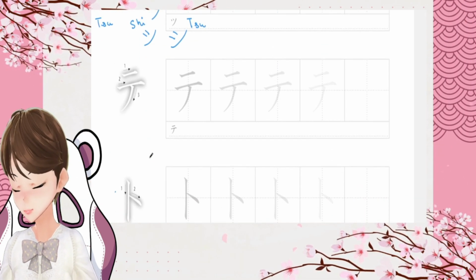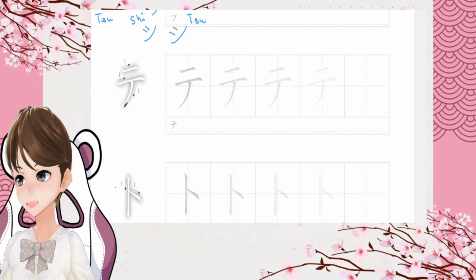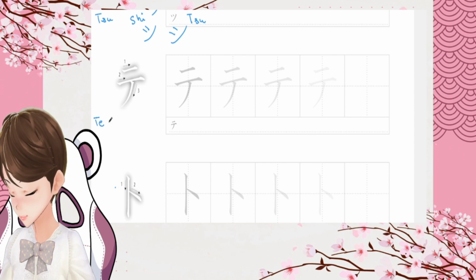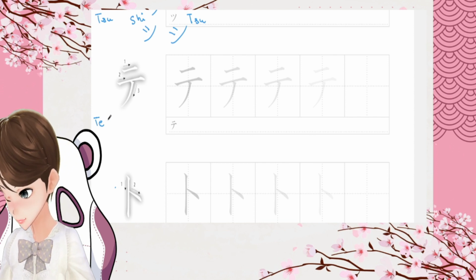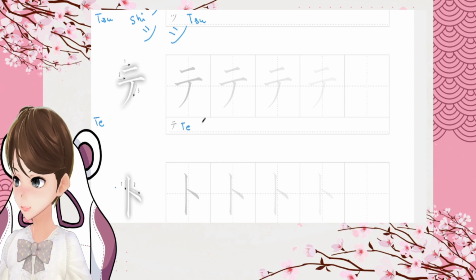Now for the next character, we are going back to our usual formula, and this is the te character. And the way that you can remember is, the te character almost looks like a telephone pole.